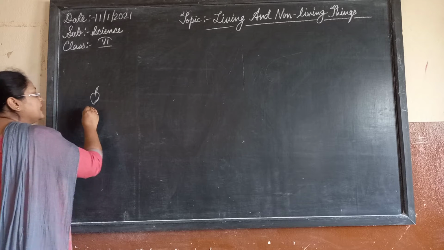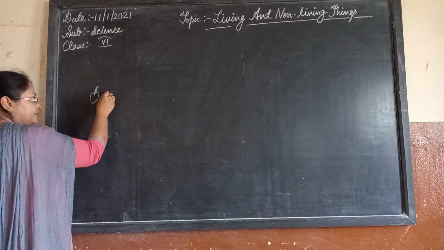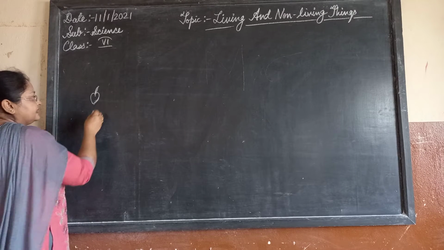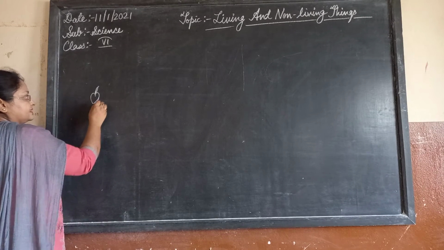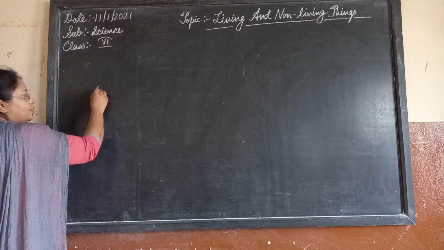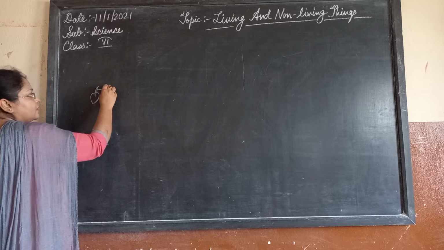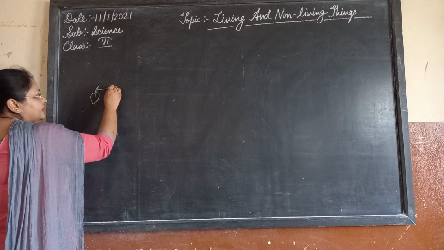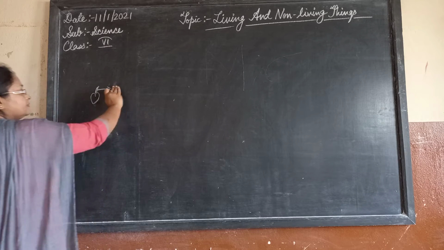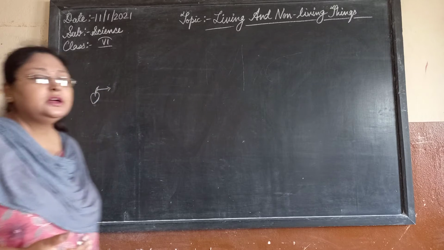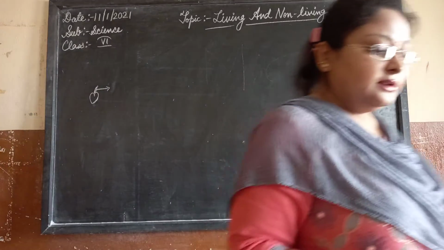Soak them overnight, and after soaking, put them in a warm place. A small white sprout comes out, and this is what we call the root. This is the birth of a small seedling.